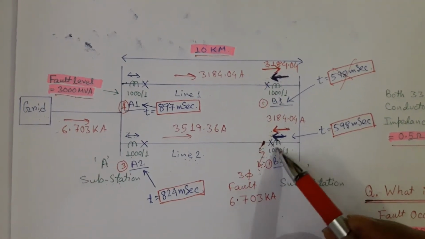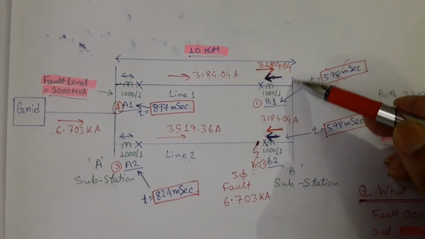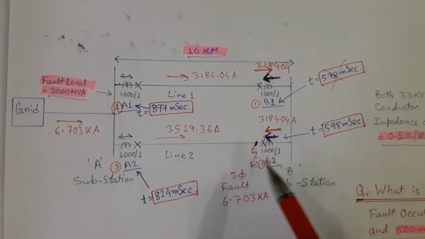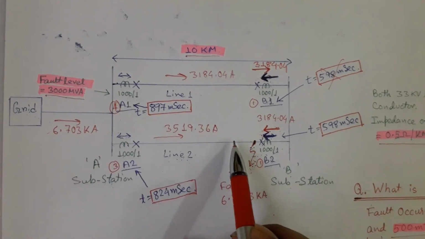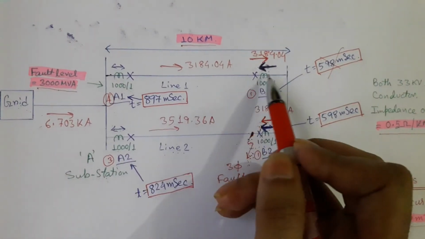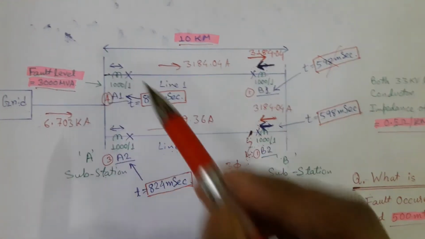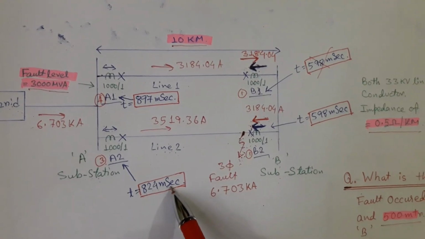After tripping of this circuit breaker, this fault is isolated from substation bus bar B. So after tripping of this circuit breaker, this fault will only be fed by this feeder, and this feeder will not have any fault current. So this relay will not trip and this relay will trip after 8 to 4 milliseconds.